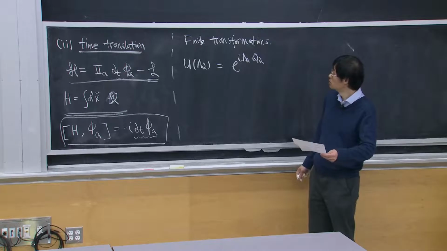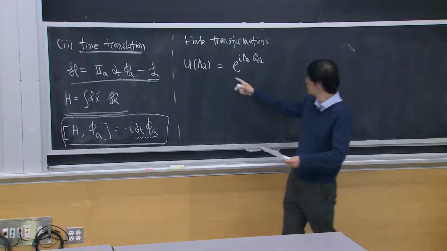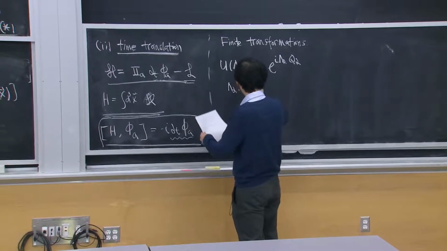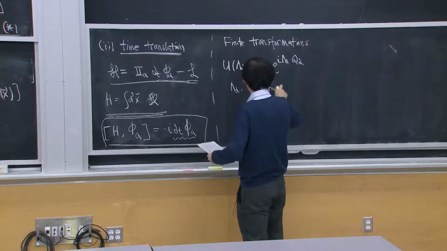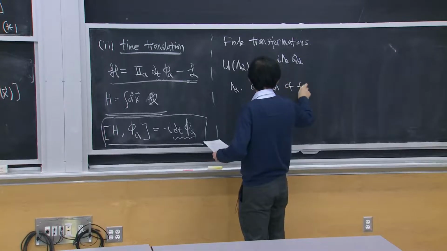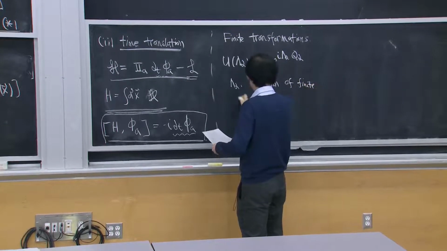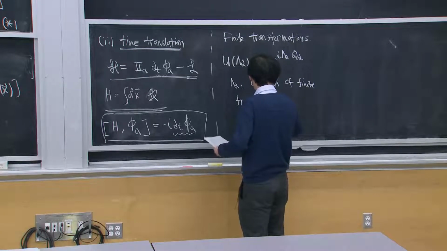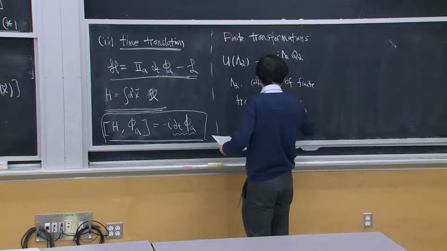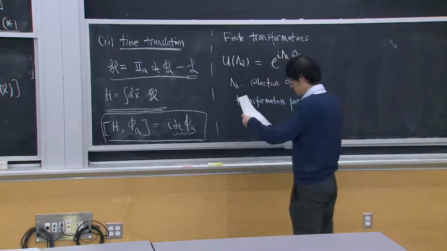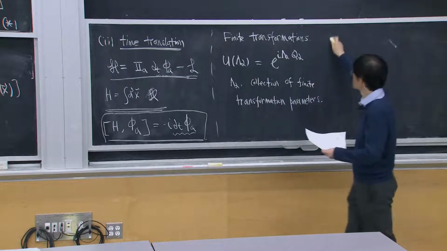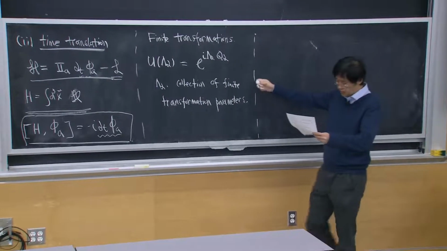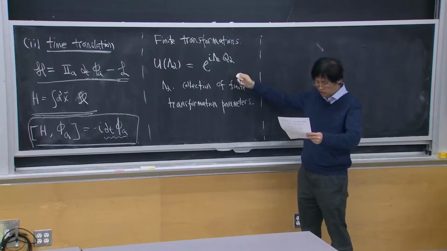Good. So here lambda alpha is just some collection of finite transformation parameters. So this can be used to generate the finite transformations.